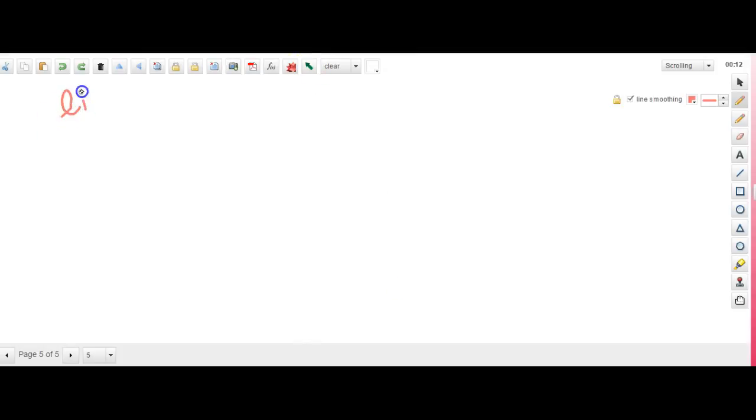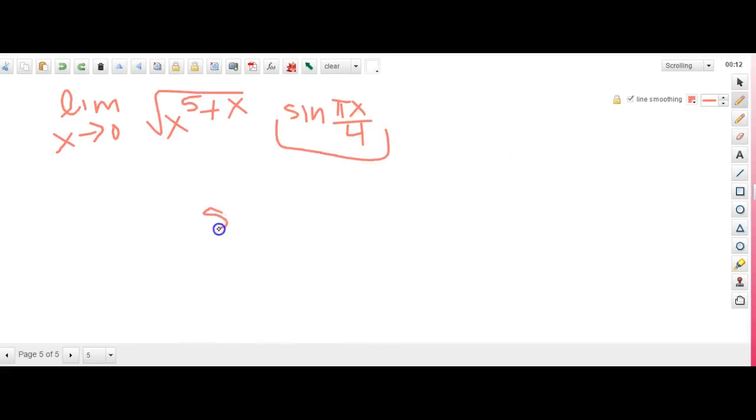So even if they give you one with a radical, with a square root, you would go through and you'd do that same process. You know sine is between 1 and -1. We'd want to put in this radical.